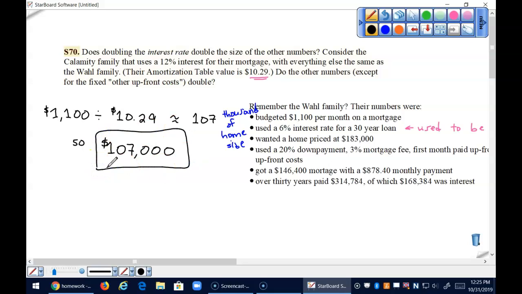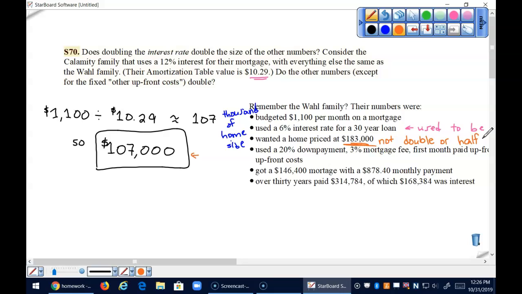And we can see right away, no, that's different. Right? So this one and this one are different. It's not only not double, it's not half either. And that shouldn't be a surprise. 10.29 isn't double the 6.